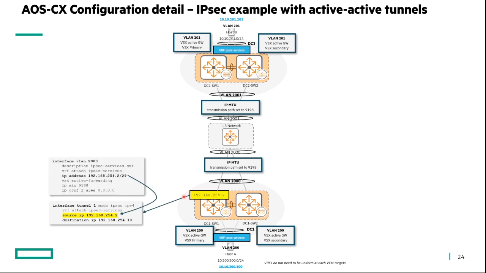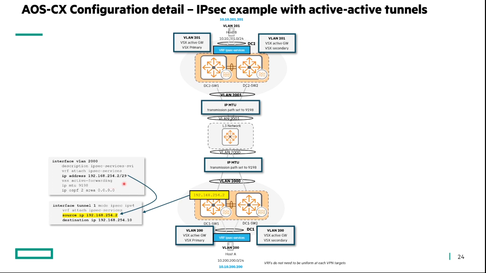So the source IP address of 192.168.254.2 at DC1 switch 1 for that tunnel 1 is derived from the interface VLAN 2000, which is the northbound VLAN connecting to the layer 3 network, and call it the underlay to support the overlay transmission of the IPsec connectivity.